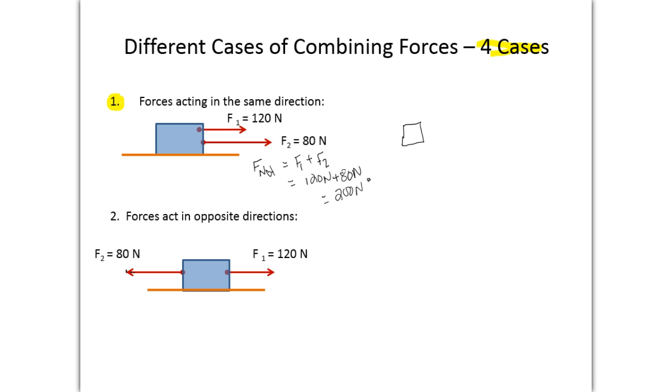So if you want to say direction was to the right, that could be combined, showing just one single force. So pulling with two different forces is the same as pulling with one force, force net of 200 newtons to the right.